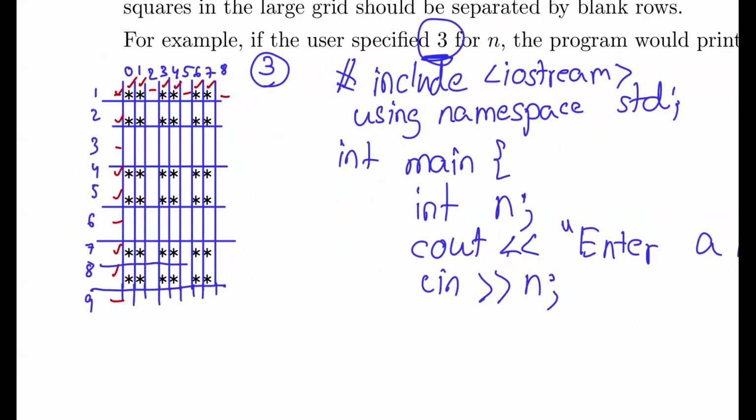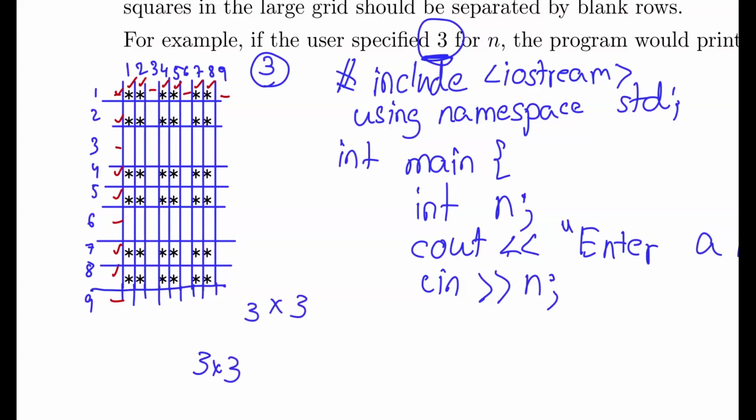Oh, I think I left one more line here. Yeah. Okay. So when the input is 3, the size of the row and the size of the column becomes 9 by 9. Okay, 3 times 3 and 3 times 3.